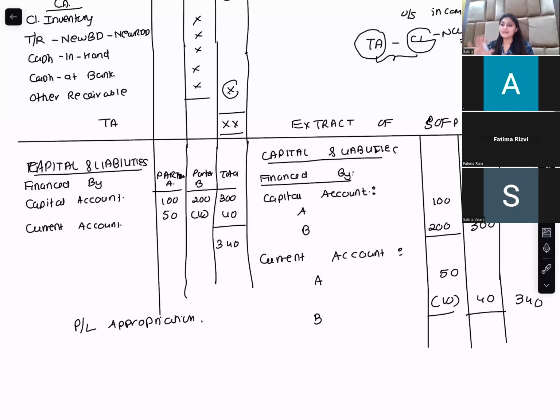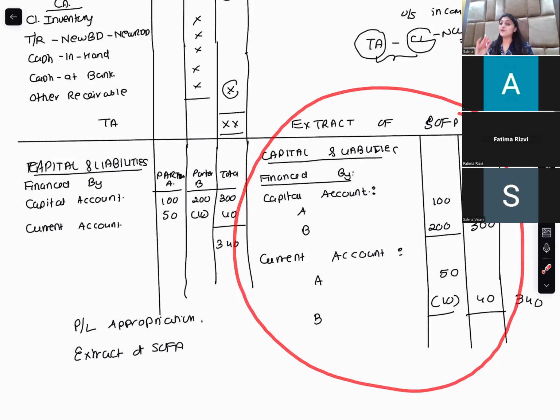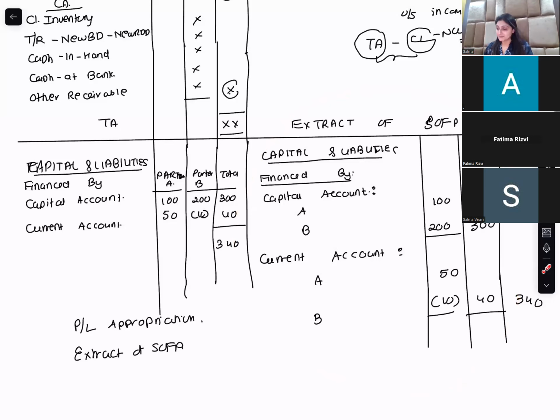They will not ask you to make the current account. They will ask you instead to make an extract of the statement of financial position. So what I usually do is I keep the format like this. This is the format that I need to memorize. And for the current account, we will make it the way we make it.